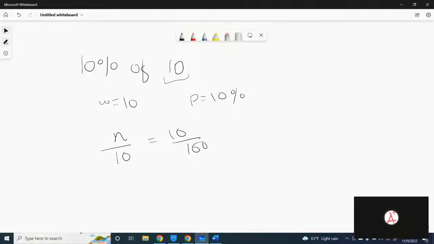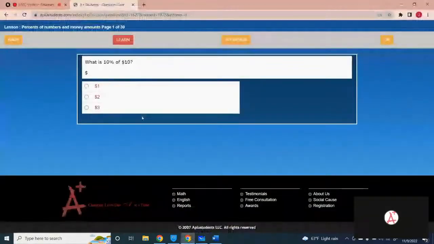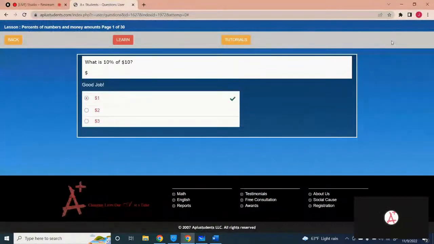Got it? Just do cross multiplication. So it would be n equals 10 times 10 over 100. 10 times 10 is 100, and 100 over 100 is 1. That means 10% of 10 is 1. Got it? The correct option is 1. Just select the correct option and then click on the OK button.